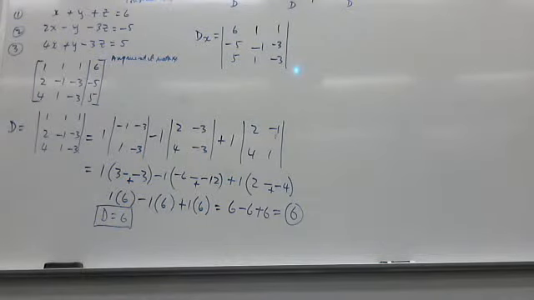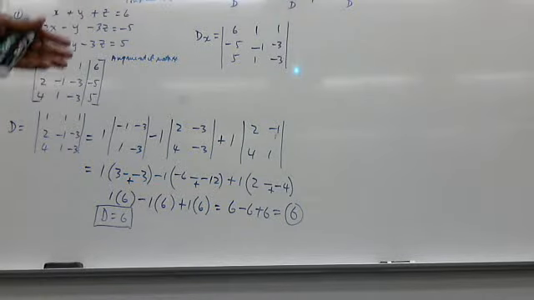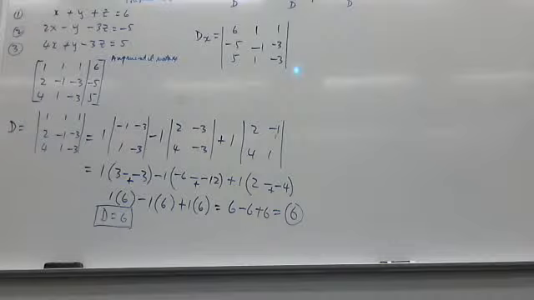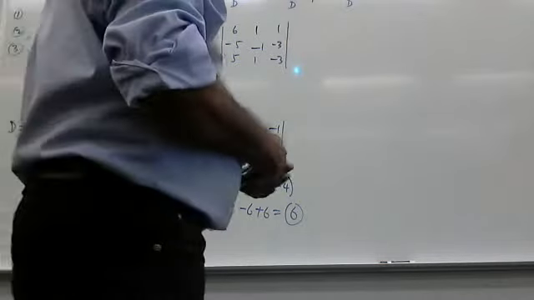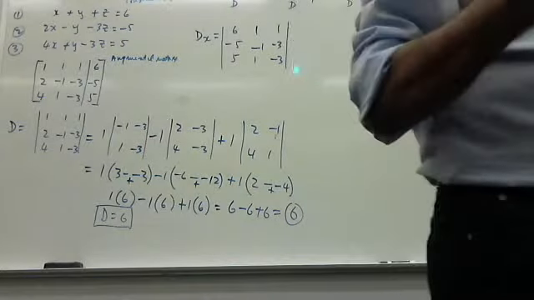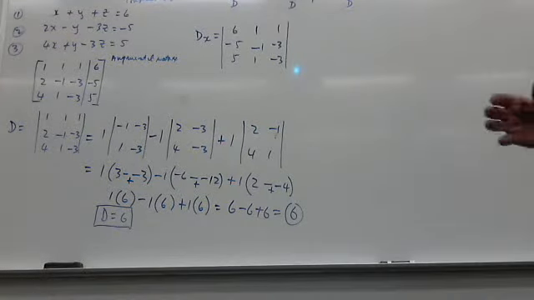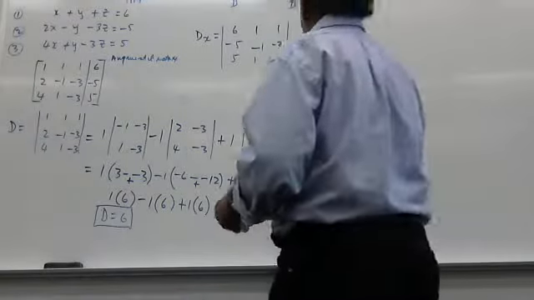We will repeat the process for y and also z. Do the same thing and we'll find the value for y and z. So, everybody confident about what we're doing? All right.